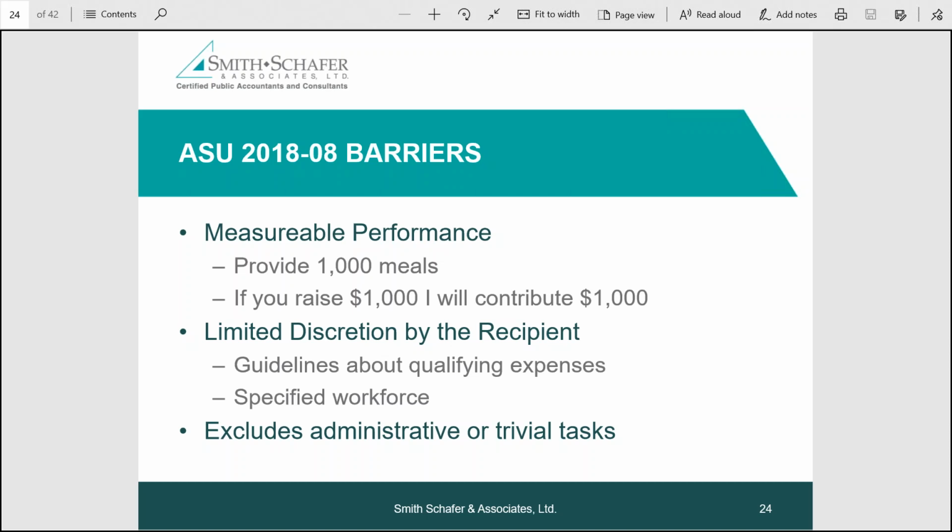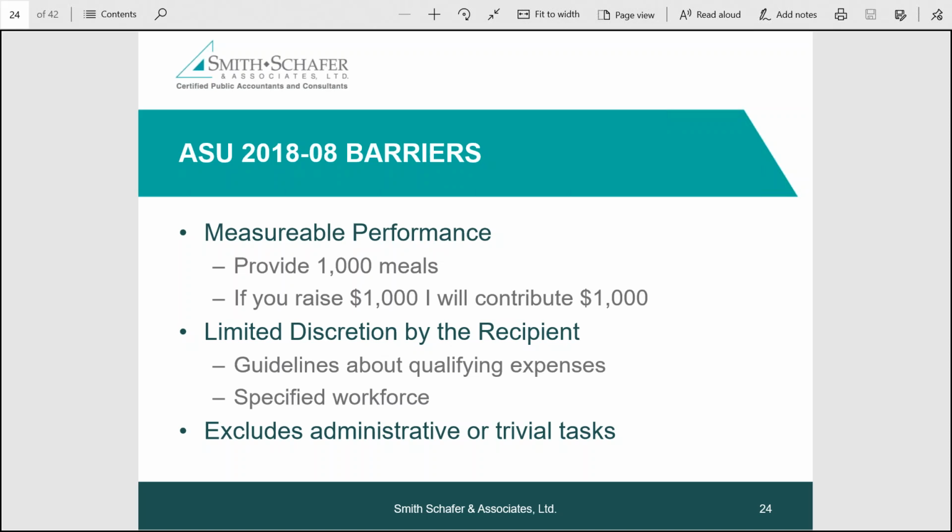Again, limited discretion by the recipient is going to be very complicated to make sure you understand whether it's a condition or whether it's just a restriction. For the most part, I would say a safe bet is if you have additional restrictions. It's not a general restriction of what you ask for. It's that very specific, but it's something you'll want to look at on a grant-by-grant basis.